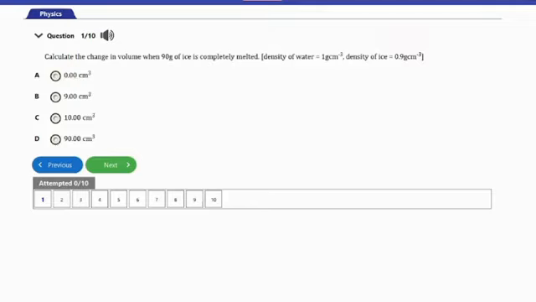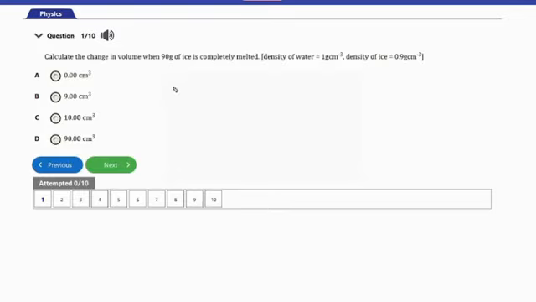It says, calculate the change in volume when 90 grams of ice is completely melted. So take the density of water to be 1 gram per cm cube and density of ice to be 0.9 gram per cm cube.